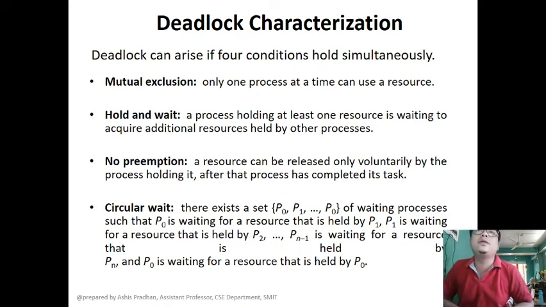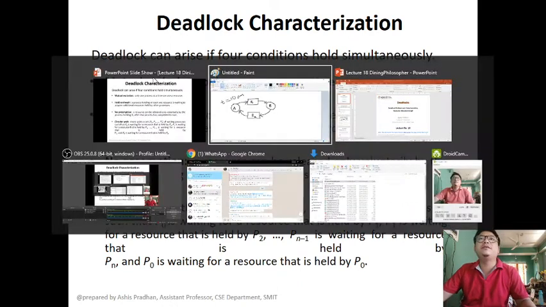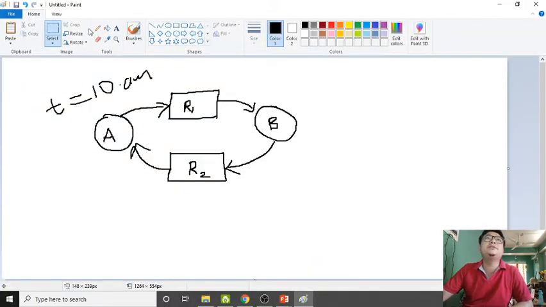Next is hold and wait. Now, in a system, there should be a situation with a process that is holding at least one resource and waiting to acquire another resource. For example, suppose I say the system has entered into the deadlock situation, then you should definitely have this situation.